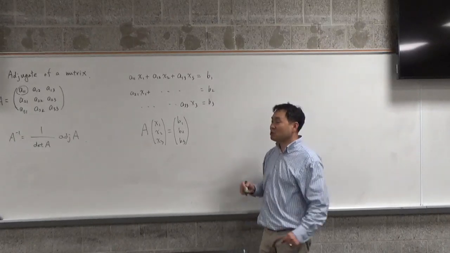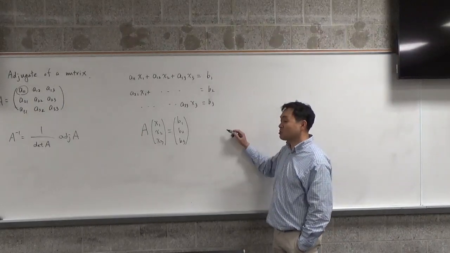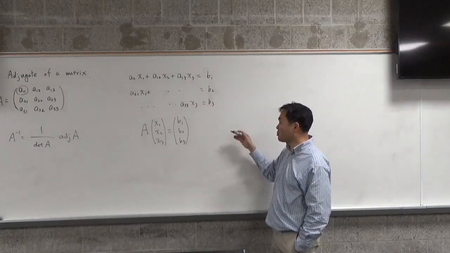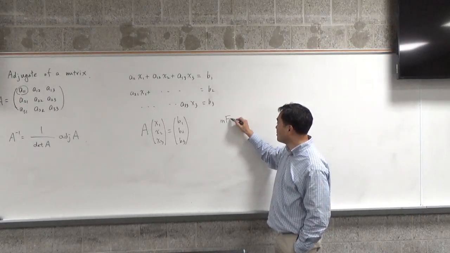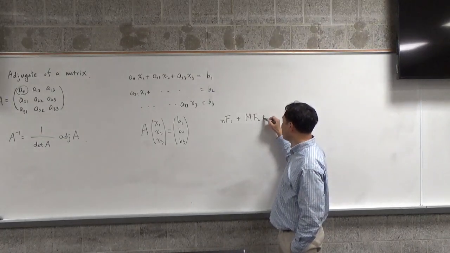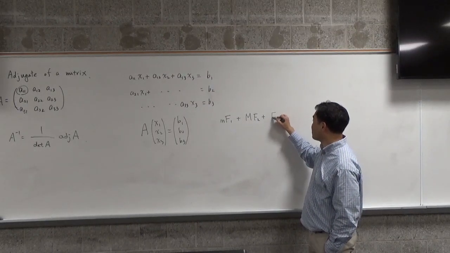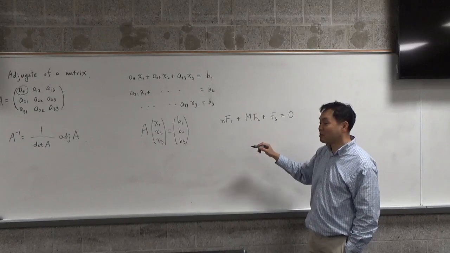So you probably have seen this if you took engineering statics. In engineering statics, if you have like 3 forces on a diagram, you might end up with equations like, oh, I have m of F1 plus capital M of F2 plus just F3 equals 0, something like that, right?